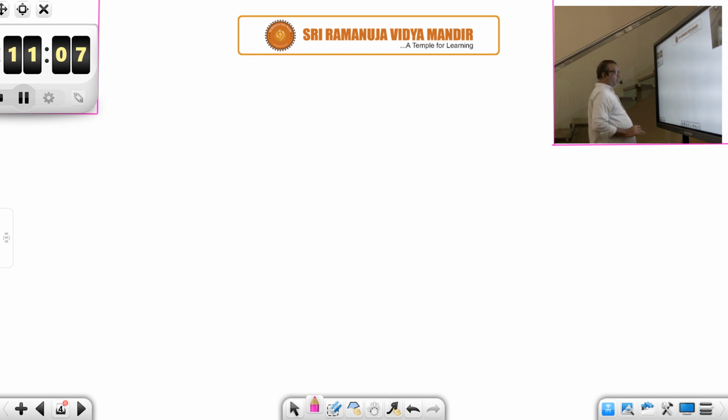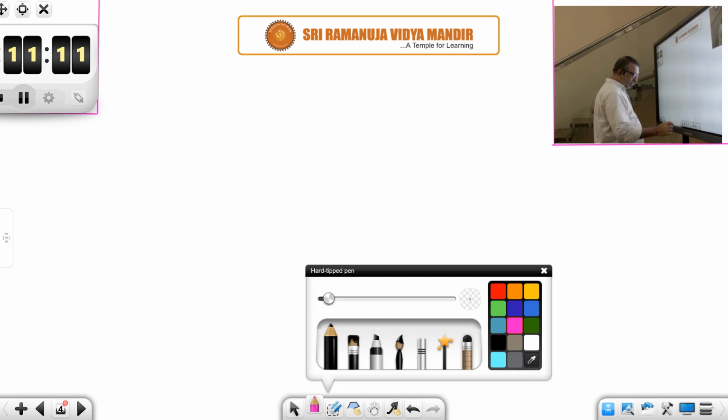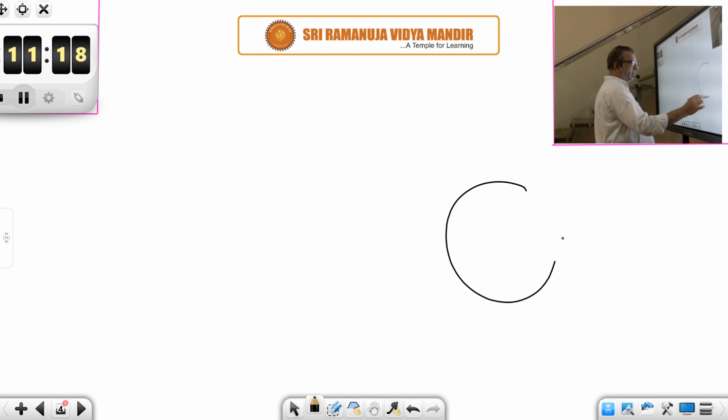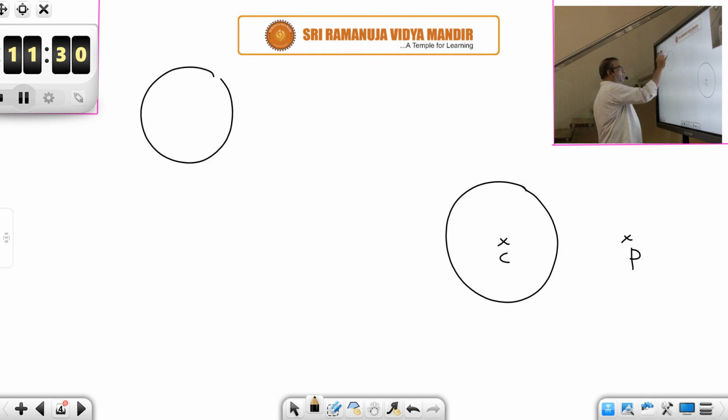Now, three cases will arise. The point may be outside the circle, or the point may be on the circle, or the point may be inside the circle.